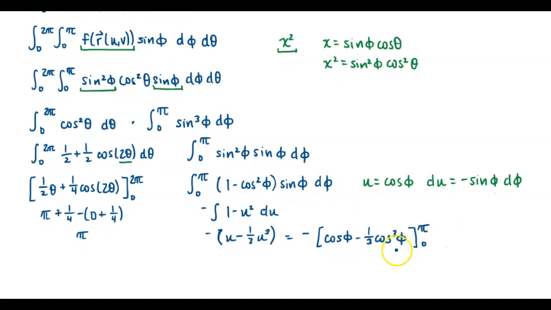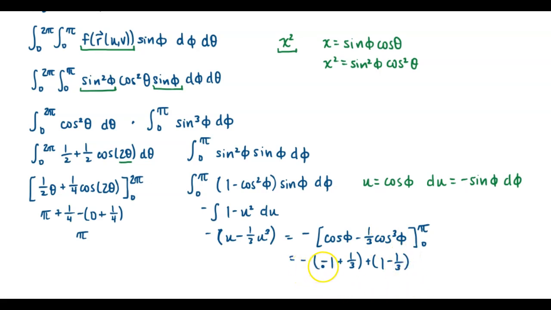And this will look like a negative. Cosine of pi is -1. Again, cosine of pi is -1. When we cube a -1, it's still a negative, and so we're adding 1/3 times 1, which is 1/3. And then we're subtracting from that a negative, which makes this a positive. Cosine of 0, which is 1, minus 1/3.